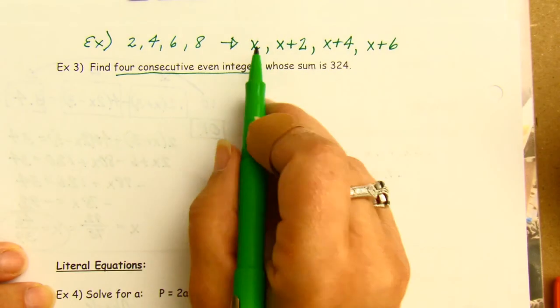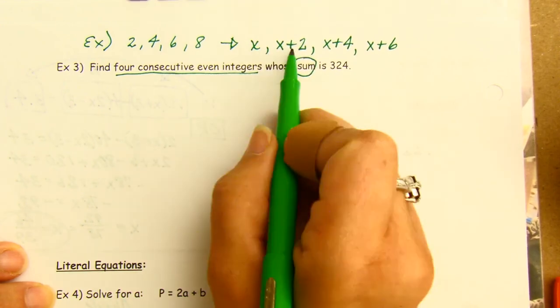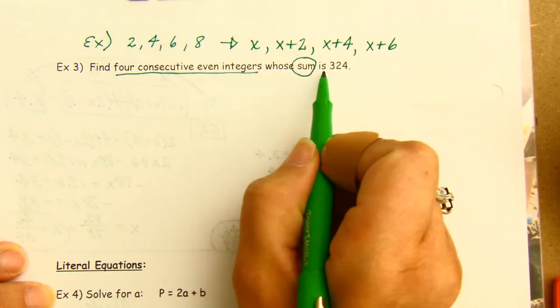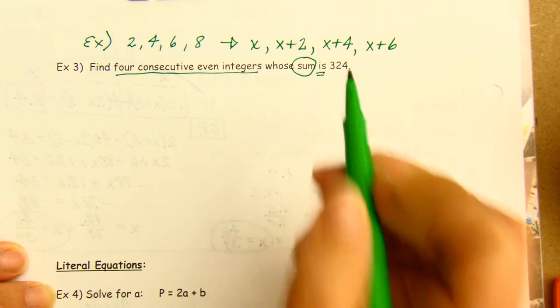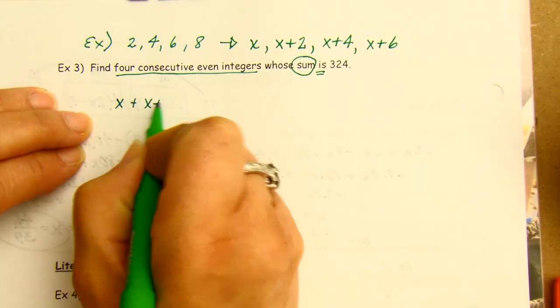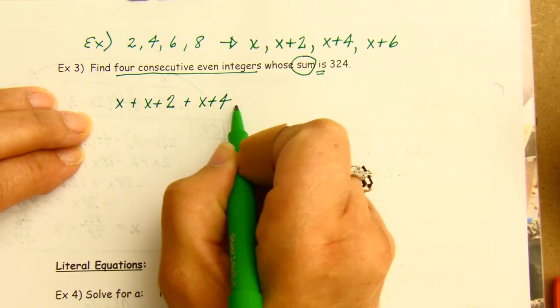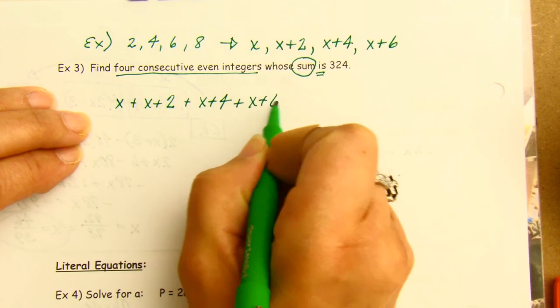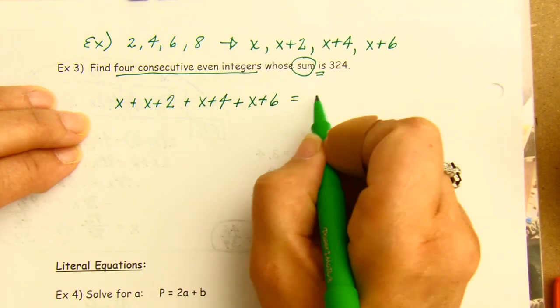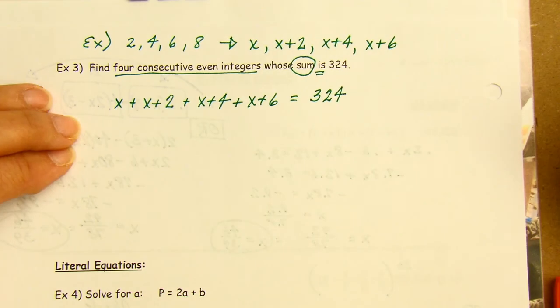So it's these 4 numbers whose sum, which means I'm going to take these 4 numbers and add them, equals 324. So I say x plus x plus 2 plus x plus 4 plus x plus 6 equals 324. And now I have a nice little equation that I can solve.